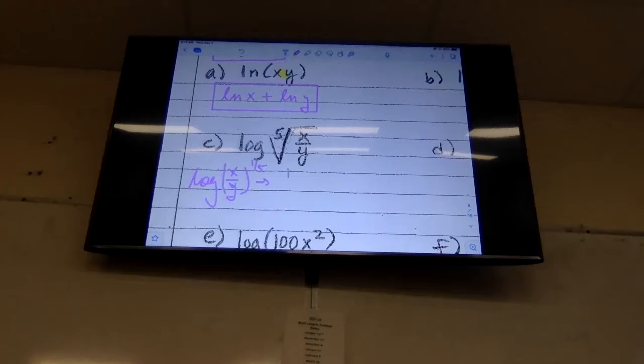I'm going to put the 1/5 out front here. And when I separate them, it's division, so I'm going to separate them with a what? Subtraction? Is that what you said? Oh, minus. Yeah, that's the same thing.